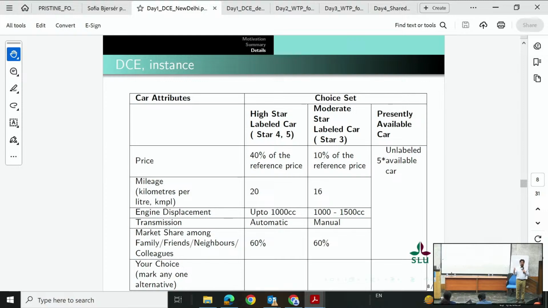How many rupees you are willing to pay for this car or this label. That's why we get the reference price, right? You have the reference price plus the reference price times 0.40% or 10%. That is one important clarification.